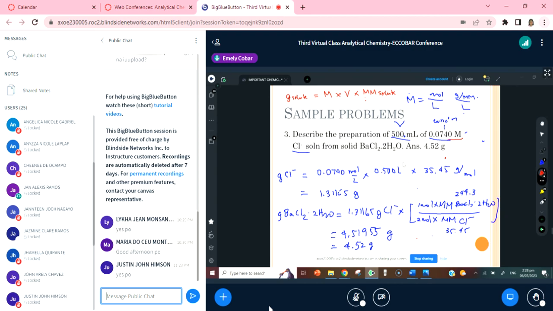So barium chloride dihydrate is 244.3 and chloride is 35.45. Let's compute the gravimetric factor first.